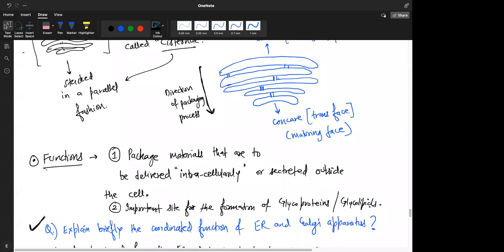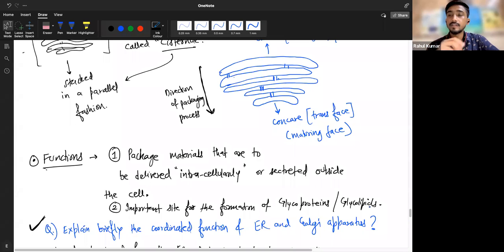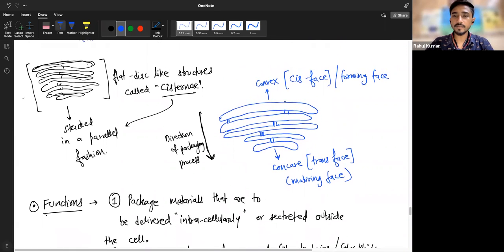Both intracellular delivery and intercellular delivery are packed by Golgi. And anything that enters the Golgi for packaging enters from the cis face. That's why it's called the forming face. As it moves from the cis towards the trans face, it becomes mature. Whatever the substance is, it becomes packed, labeled, and mature. Then the mature thing, which is packed, is released from the trans face.